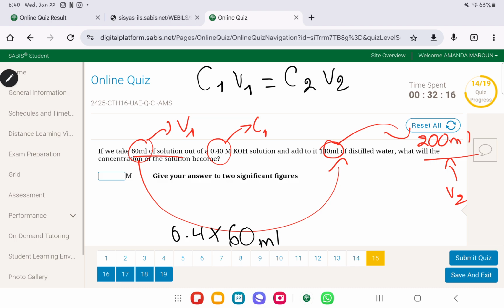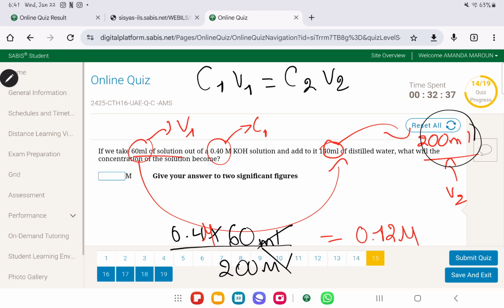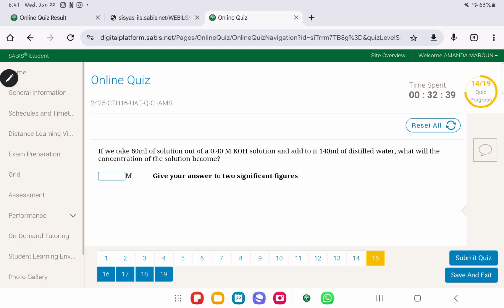Times 60 milliliters divided by volume 2, which is 200 milliliters. Milliliter and milliliter will cancel out, and what will remain is the unit of this, which is molarity. And if you do it on the calculator, 0.4 times 60 divided by 200, we will get an answer of 0.12 molarity.